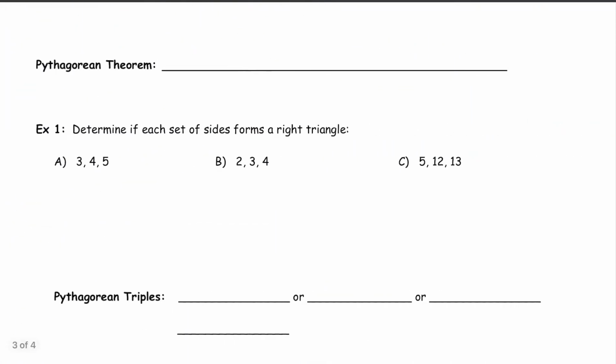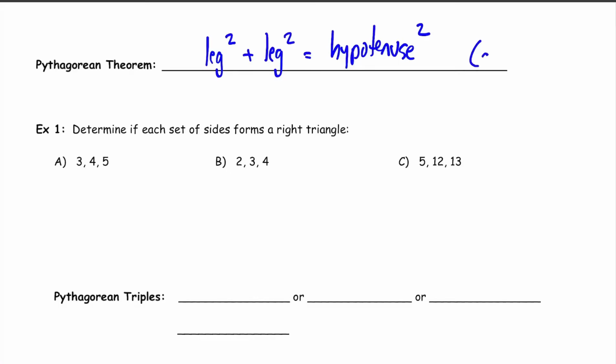Okay, so my Pythagorean theorem, again, I want you to rewrite it. Leg squared plus leg squared equals hypotenuse squared. And from here on out, we're really going to use A squared plus B squared equals C squared. But again, letters without any meaning don't really help you out in mathematics. So it's leg squared plus leg squared equals hypotenuse squared.